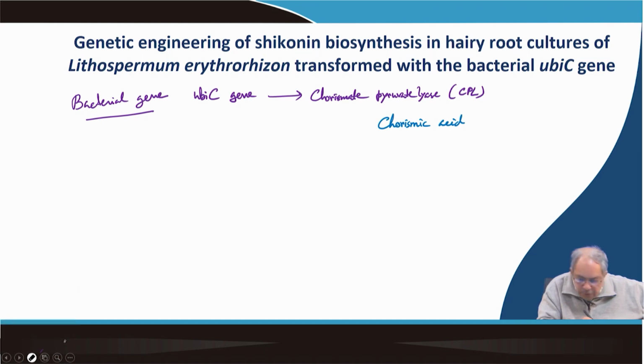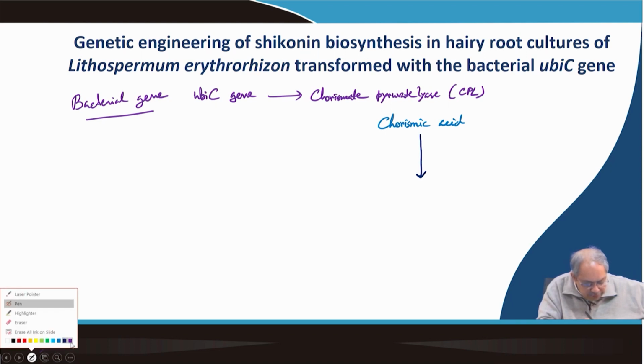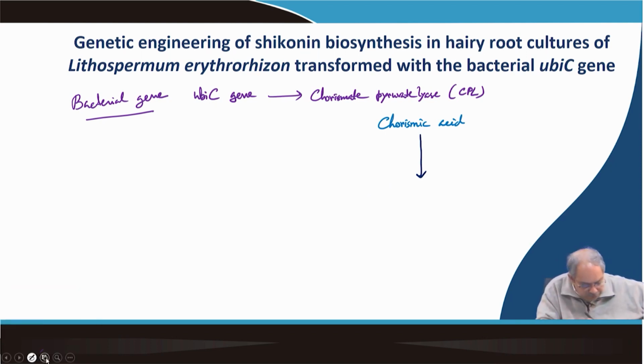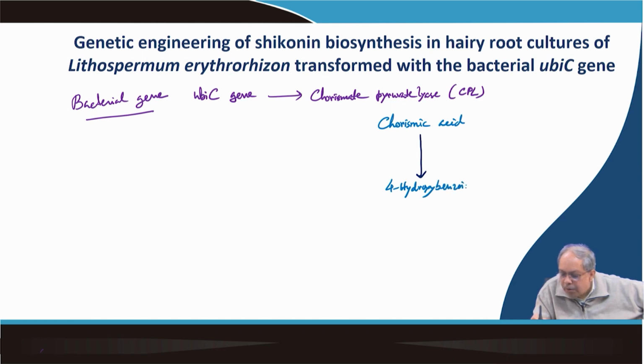So, chorismic acid is used as a substrate, and it produces para-hydroxybenzoic acid as the product.